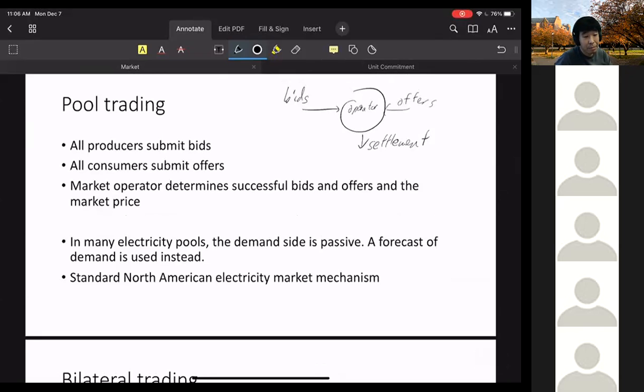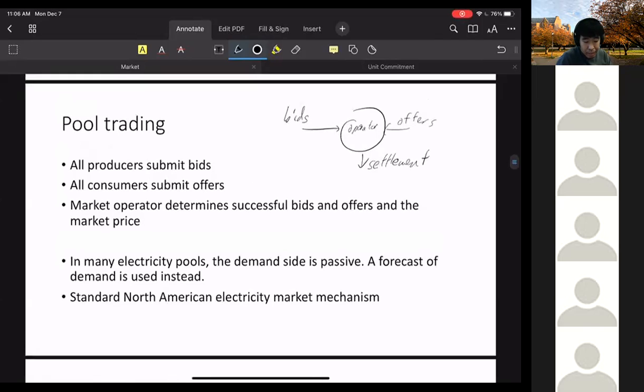So if you look at this pool trading, if you're a supplier or a demand, can you think of some drawbacks? Are there some drawbacks associated with this? If you're designing the market, there's some reason you will not be happy with this kind of pool trading.